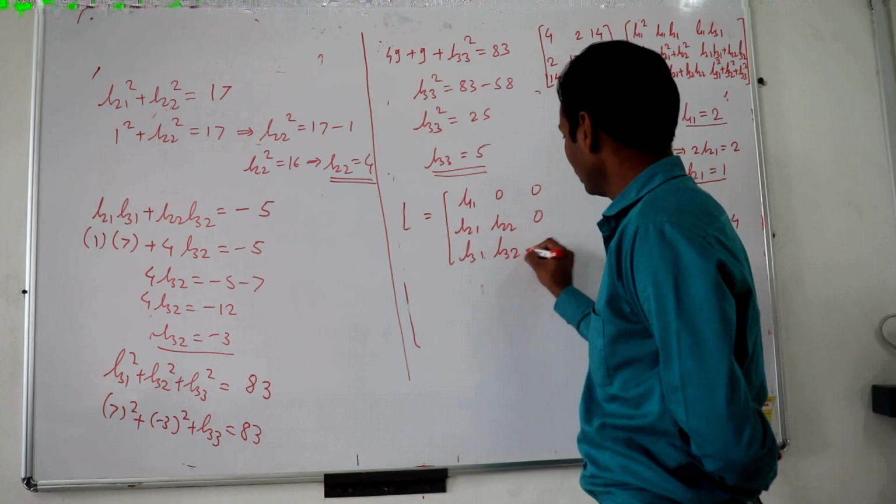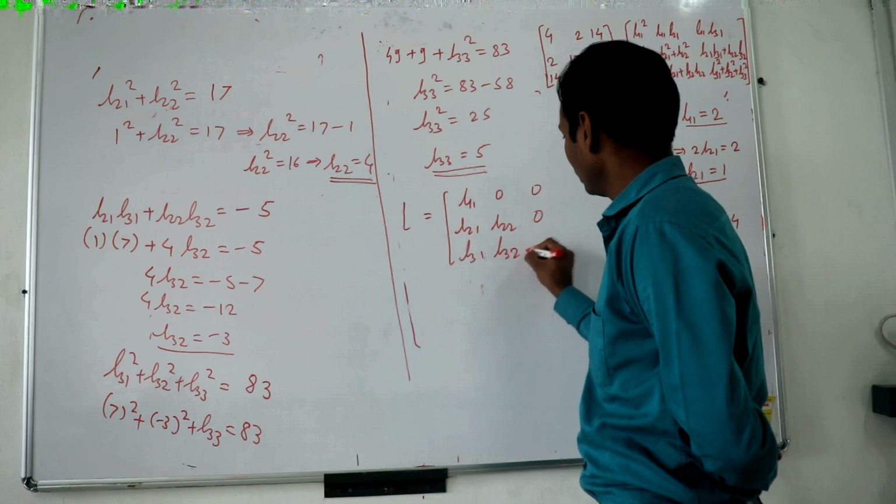And the last equation: 7Z1 minus 3Z2 plus 5Z3 is equal to, so that this row is multiplied to that column, is equal to 155. So you know the value of Z1 which is 7, Z2 is minus 27. So 7 into 7 minus 3 into minus 27 plus 5Z3 is equal to 155.